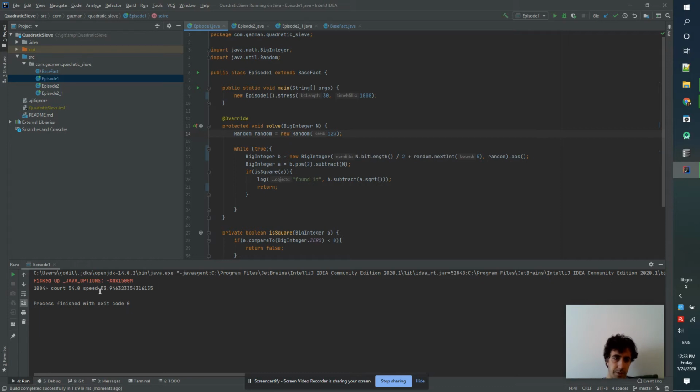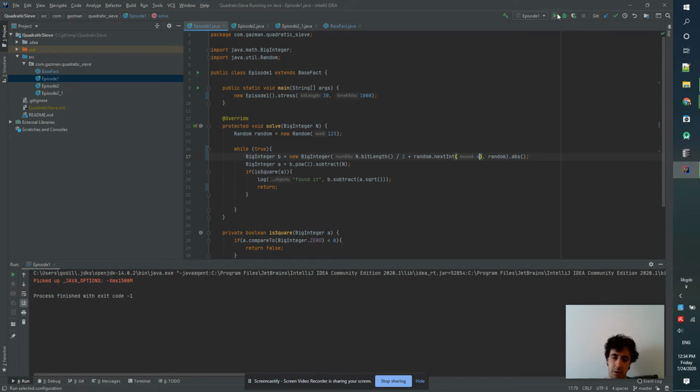Okay, so it's 53 times, almost 54 times a second. Change it to 5, 3. And stack.